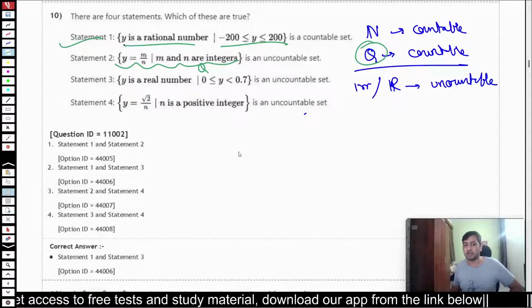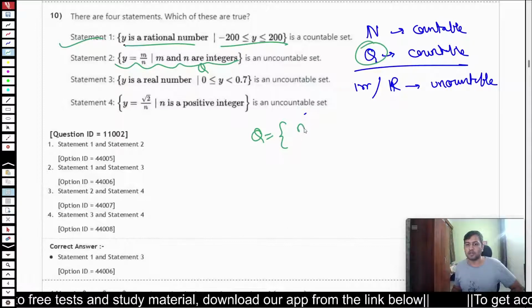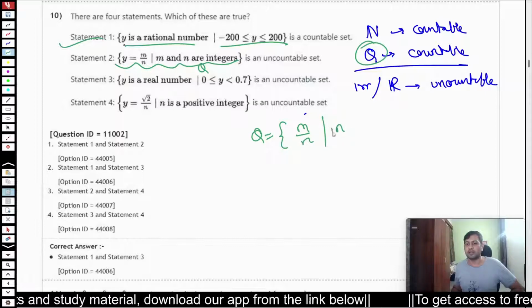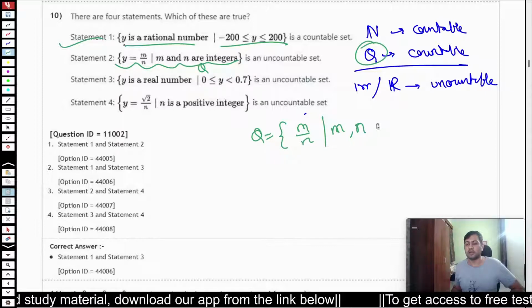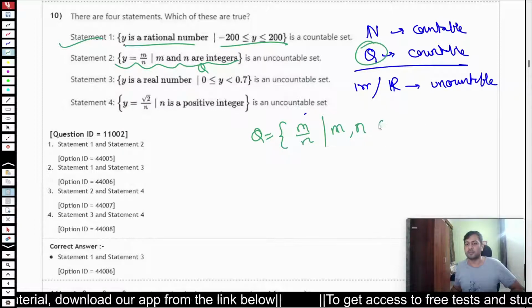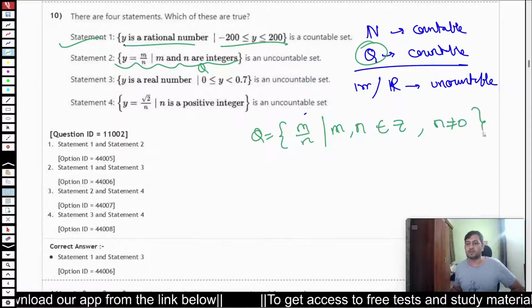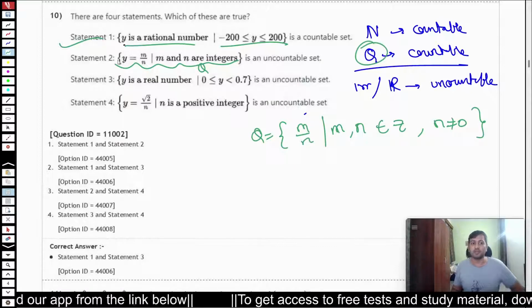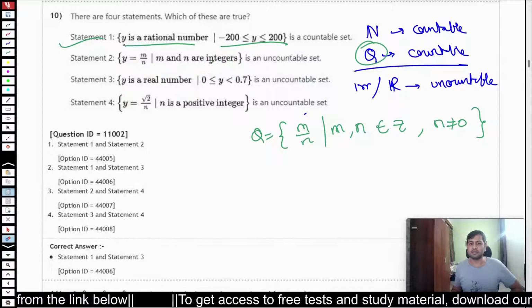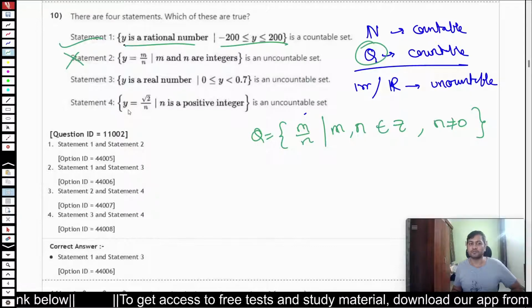Rational numbers are defined as all numbers of the format m by n such that m, n are integers or belong to Z and n not equal to 0. Not all integers are allowed. So यहाँ पे n equals to 0 भी allow कर दिया है इन लोगों ने. So that's why this is not the definition of rational numbers. So that's why this particular statement is not true.